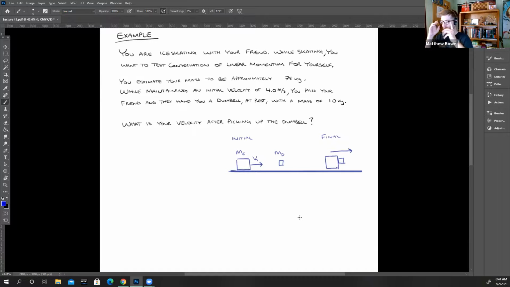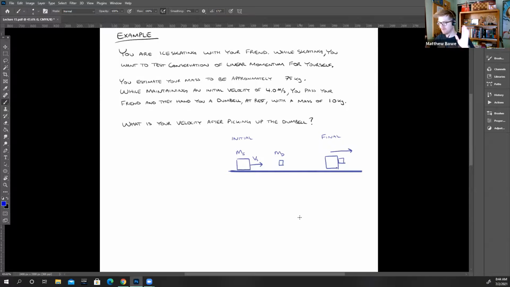That's the system. Let's consider what is in the system. Are there any external forces speeding this object up, or anything slowing the skater down? I didn't write in the problem to assume the ice is frictionless, but we can assume it's frictionless.